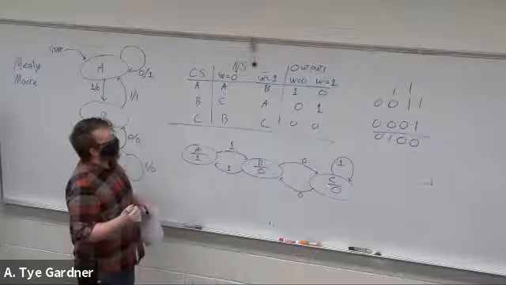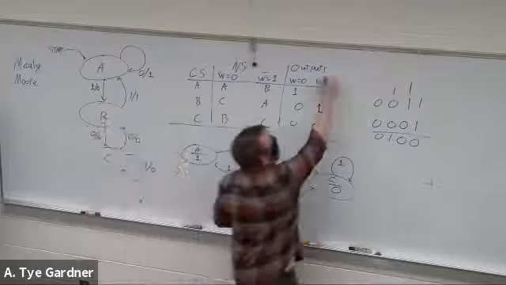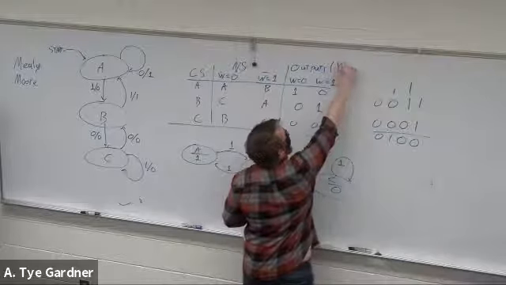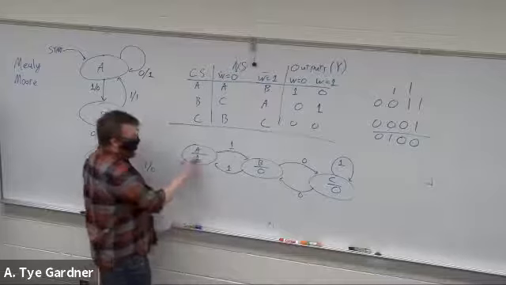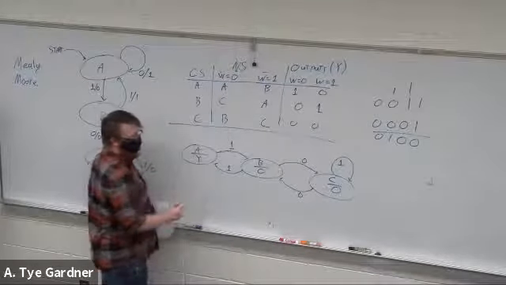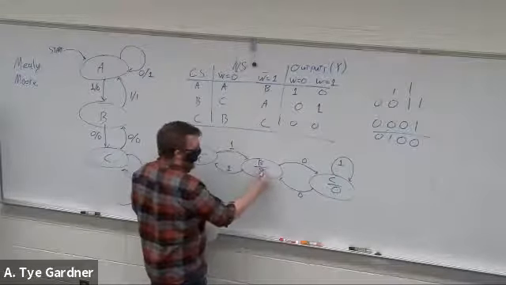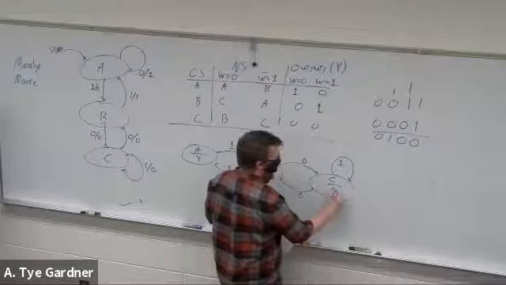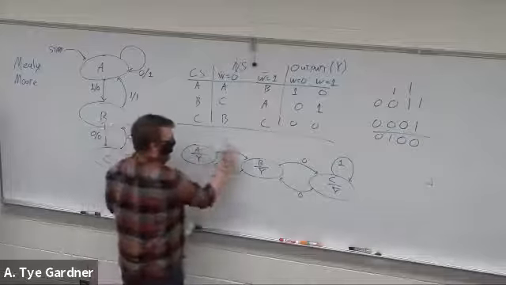Another thing that we can do, similar to how I showed you that we could use don't cares, is that instead of writing 1s and 0s, we can just write signal names. Let's say my output is, let's give it a name of Y. So in the case of A, I have Y. In the case of B, I have not Y. And in the case of C, not Y. And I can do the same for inputs.